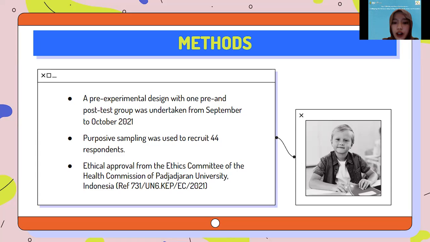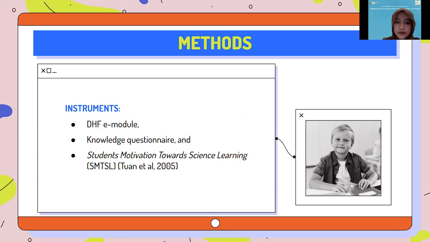The minimum sample in this study was calculated by G*Power, and the result is 44 respondents were required. This study also received ethical approval from the ethics committee of the Health Commission of Universitas Padjadjaran, Indonesia.